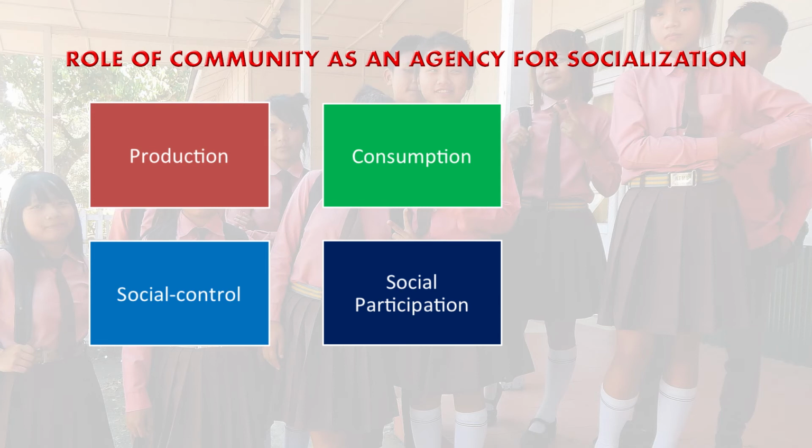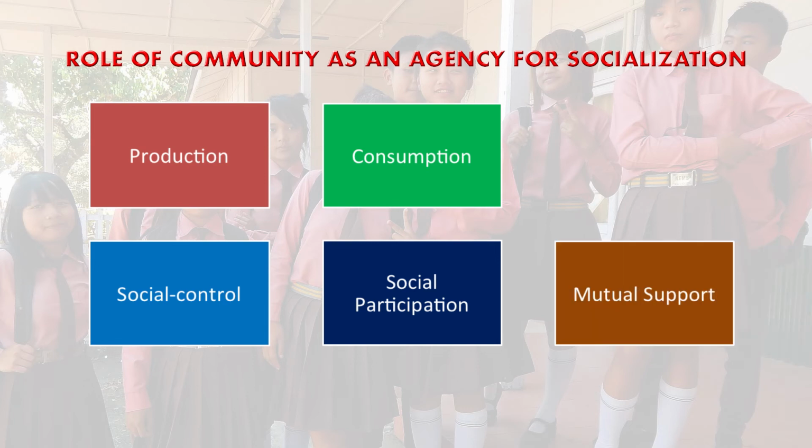So the community also controls the society, bringing certain control in the society. Many things happen in the society that may not be in a right way, that may not be happening in a socially desirable way. So who controls the society? The community controls the society.